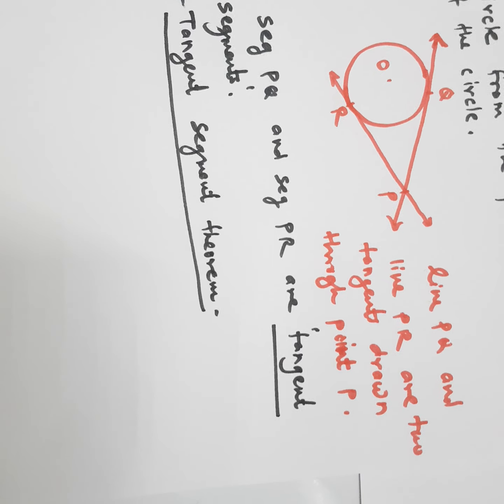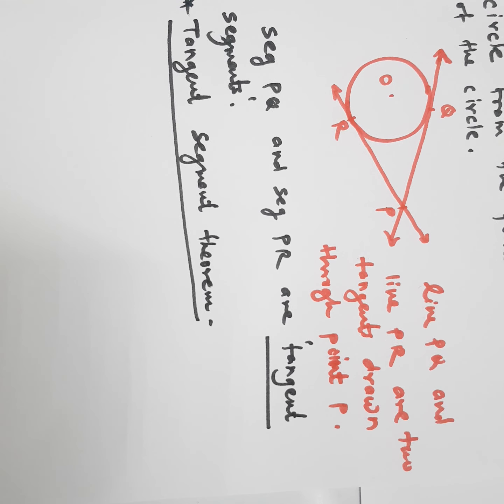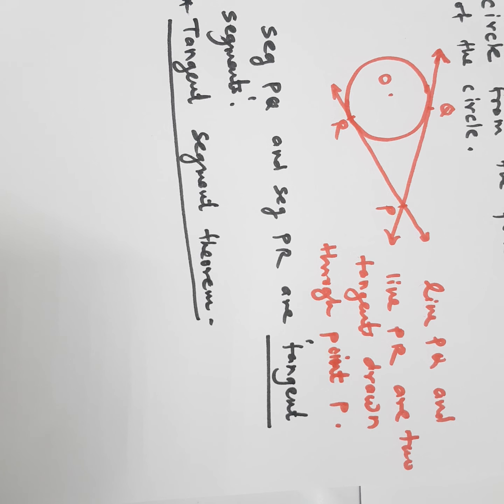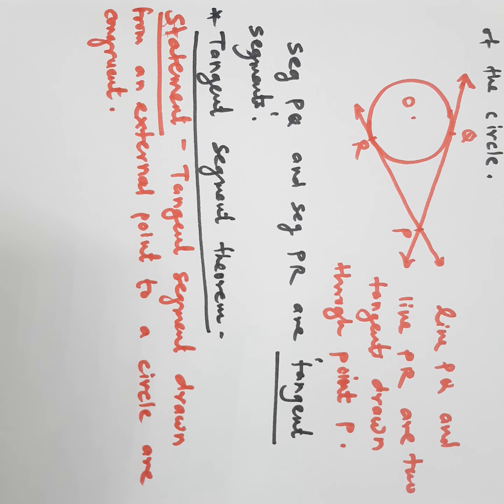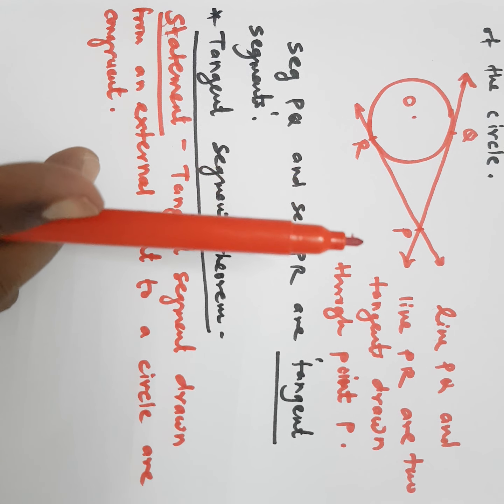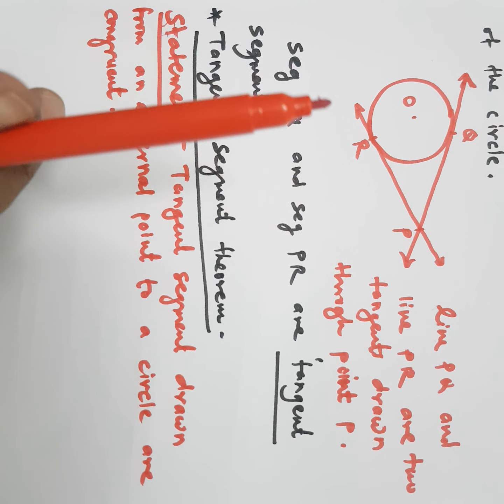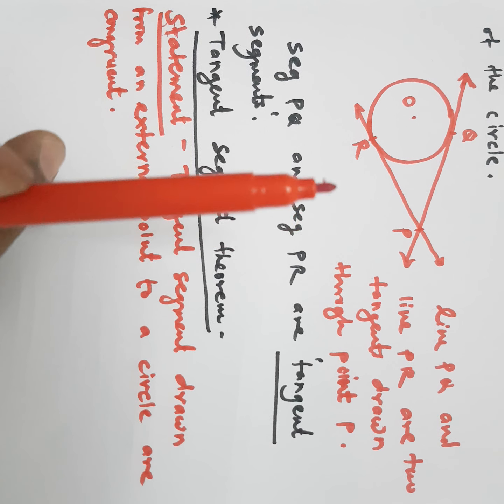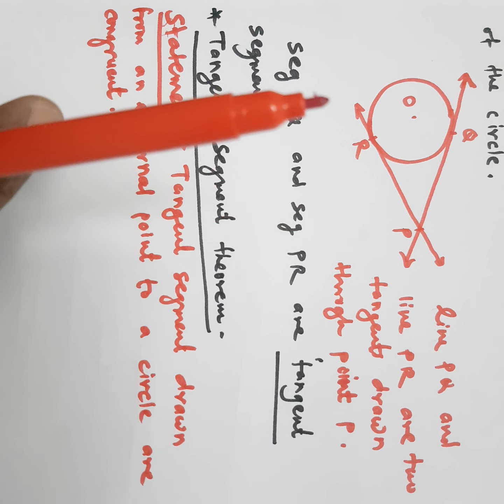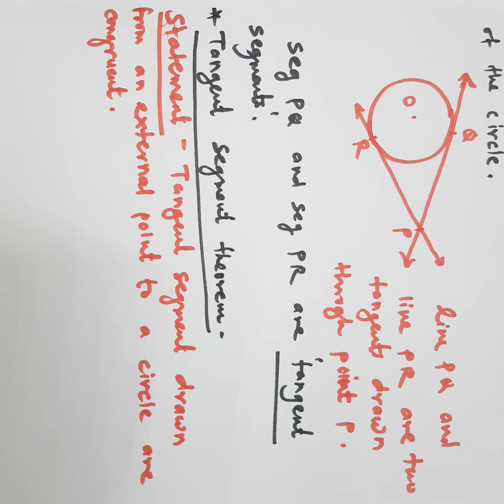We will see the proof of the tangent segment theorem. First, the statement: tangent segments drawn from an external point to a circle are congruent. In the above figure, if PQ and PR are the tangent segments drawn from exterior point P, then PQ is congruent to PR. This is the tangent segment theorem.